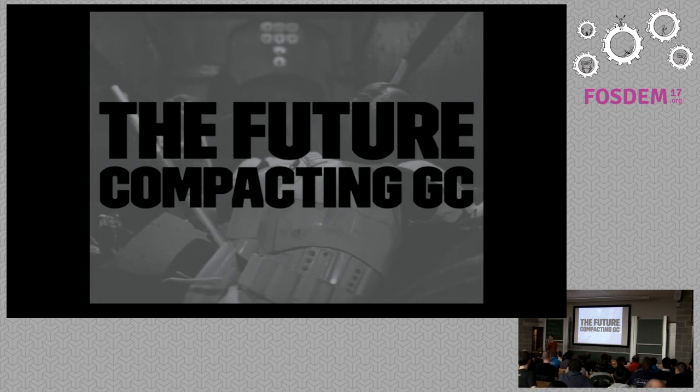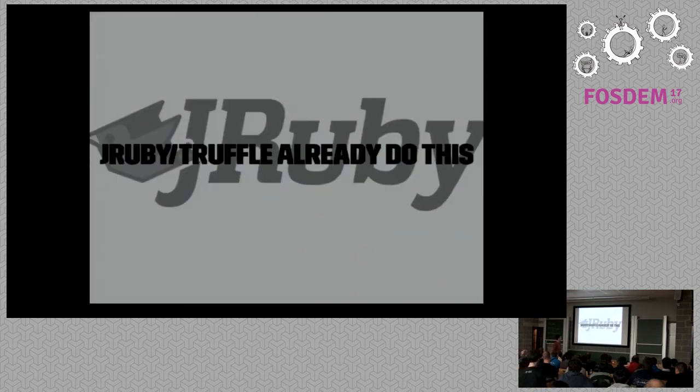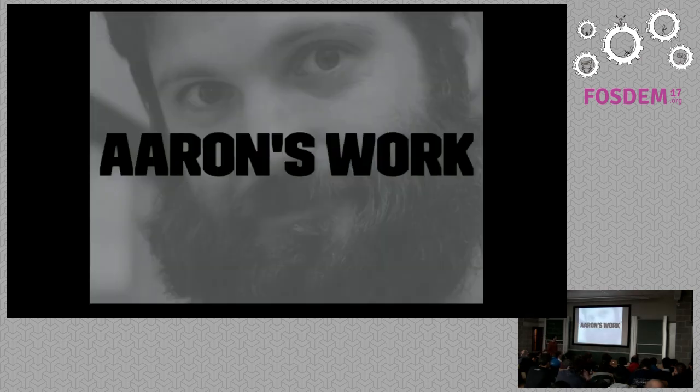I don't know, looks like a not cheese without holes in it. JRuby and TruffleRuby already do this because they're on the JVM or Graal or whatever, and those garbage collectors are compacting, or at least some of the JVM garbage collectors compact. So they get to take advantage of all that for free, and it just compacts for them, and that's great.